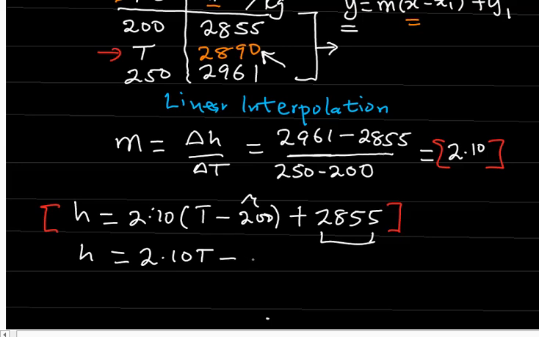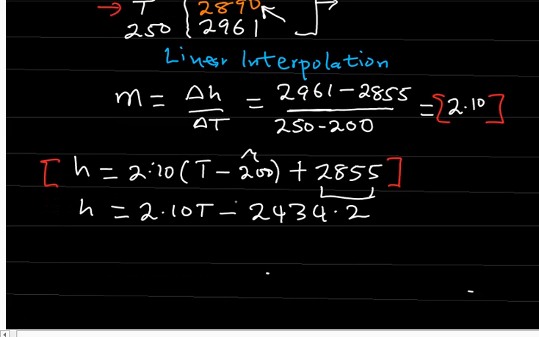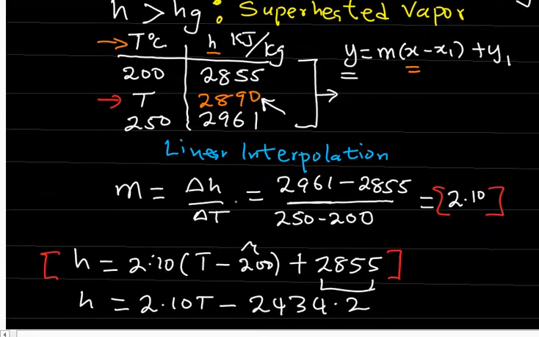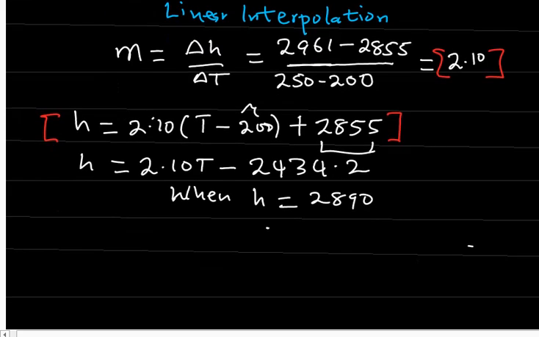That is, h is equal to 2.10t minus 2434.2. So this is the expression. From this equation, we can find the temperature that corresponds to h when h is equal to 2890.